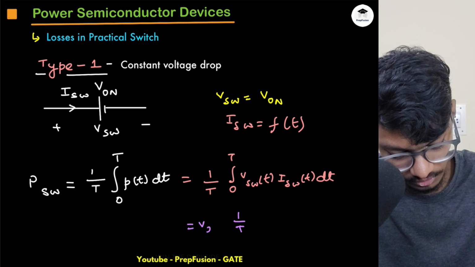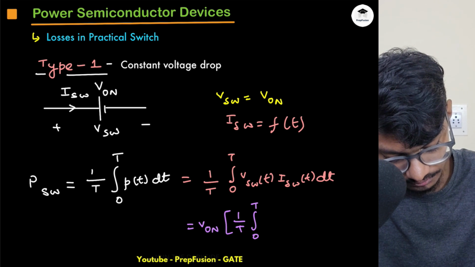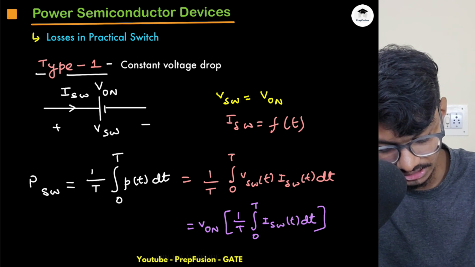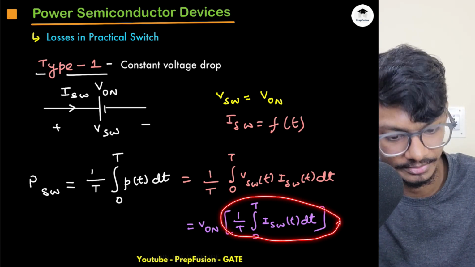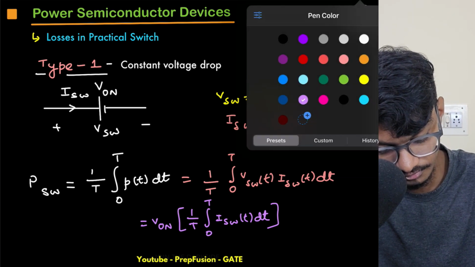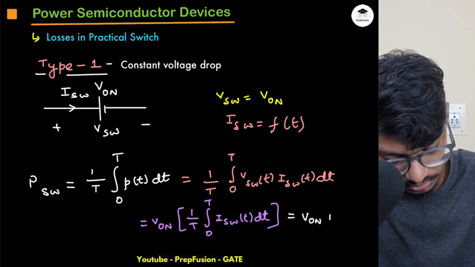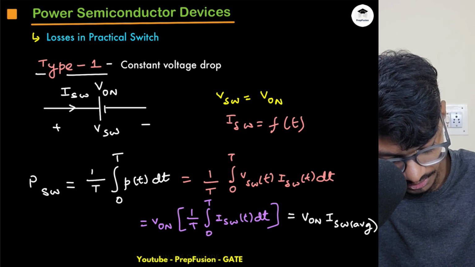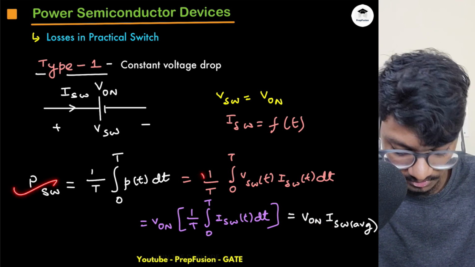This will be V on times the integration from 0 to T of I switch of t dt. This is the average current across the switch over a period. So this will equal V on times I switch average. This is the formula that you should know, or you can derive it from here. This is a basic formula.